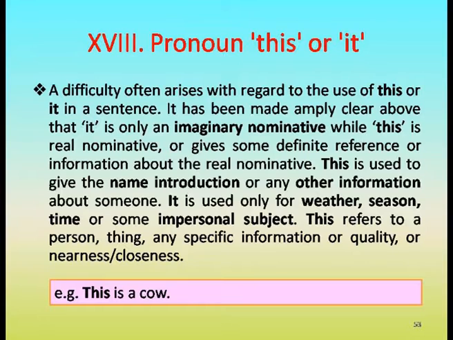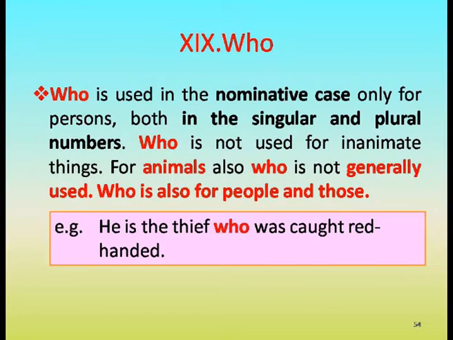This is used to give the name, introduction, or any other information about someone. It is only for weather, season, time, or some impersonal subject. This refers to a person, thing, any specific information or quality, or nearness or closeness. This is a cow.